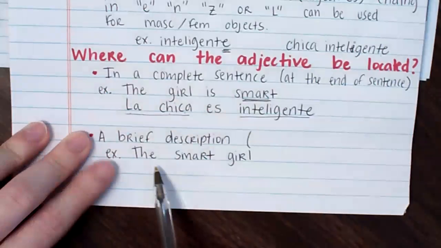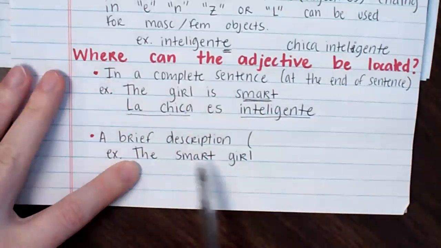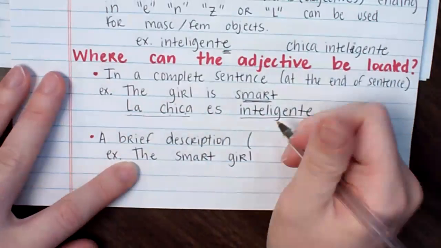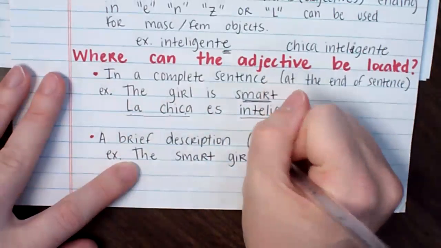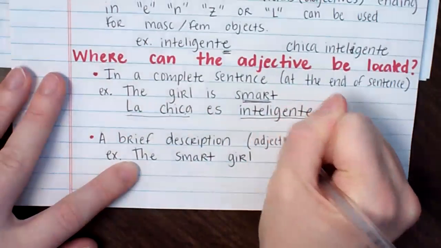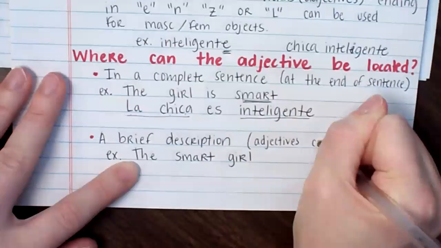So you see, this is not a complete sentence. It's just a brief description of this person. So in Spanish, the adjective comes after the noun.